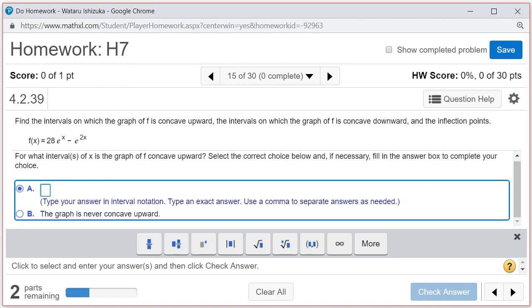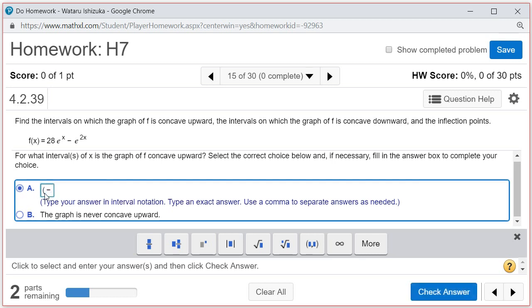So let's type it in. We want the interval where f is concave upward, so it's going to be negative infinity up to natural log of 7.